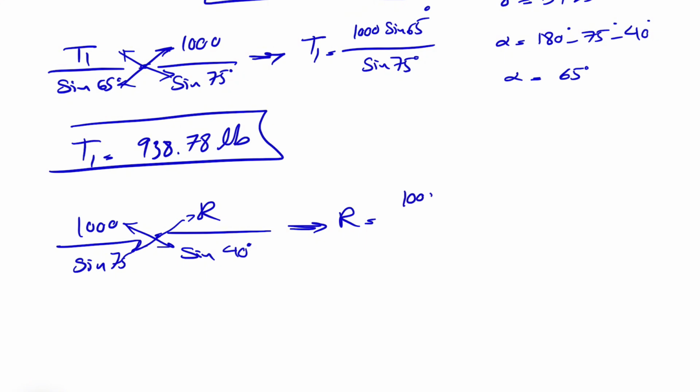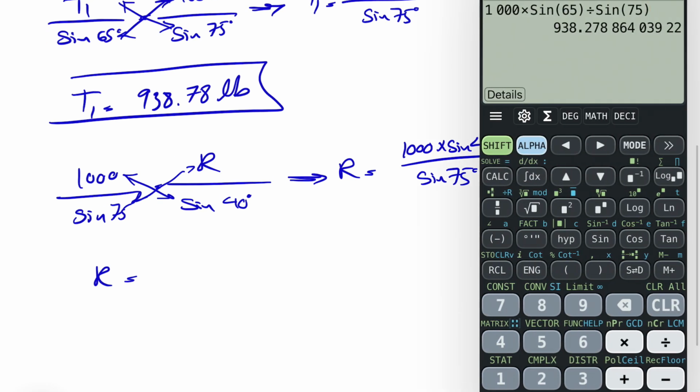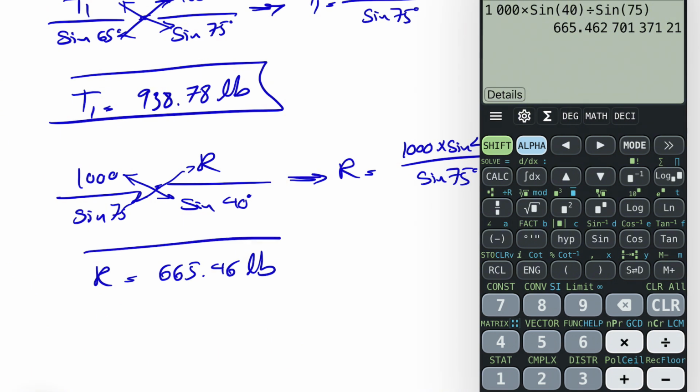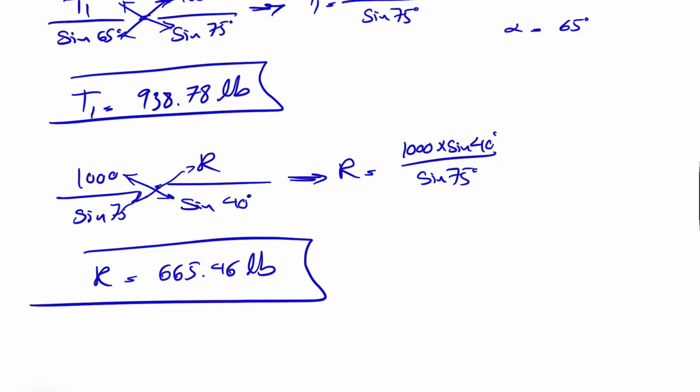So our R would be 1000 times sine of 40 degrees over sine of 75. Let's calculate R in here, again, 1000 times sine of 40 divided by sine of 75. That's going to give us 665.46 pounds, which would be the final answer for this question.